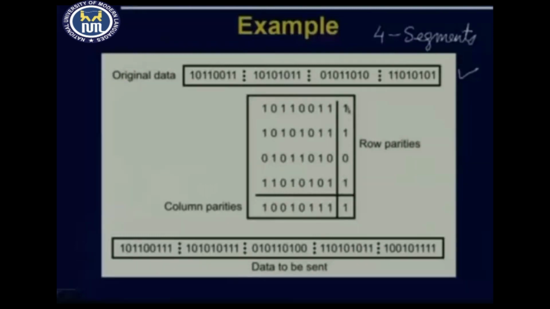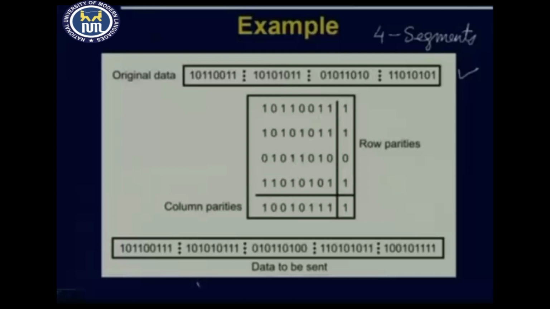We have done a similar thing for each of the rows. Then the parity bits for the columns are calculated, and even parity is added at the end. For each of the columns, we calculate the total number of ones and see if it's odd or not. If it's odd, then we add 1 to make it even. And for the last one, the parity of the parity is calculated, which is in the column.